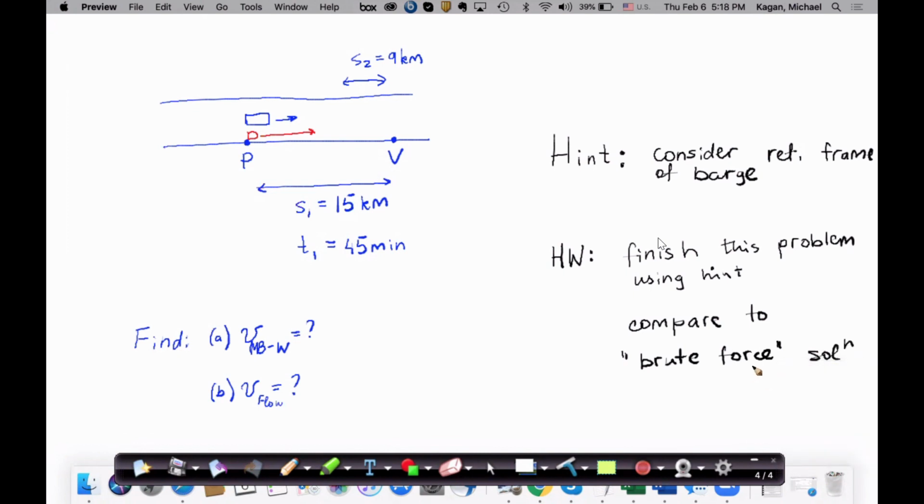Like everybody knows what to do in this approach, right? Like what equations to write. Yeah. Okay. So why don't you do both, and then we'll check how it went.